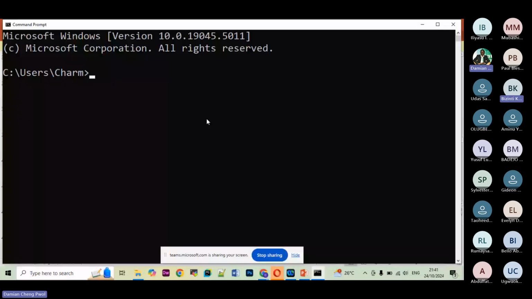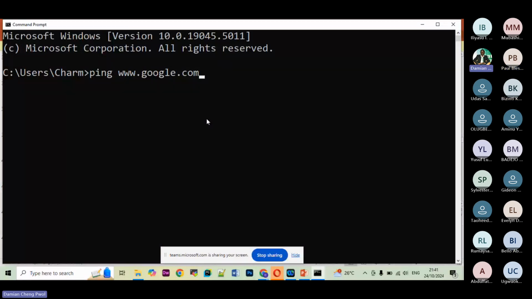So if you type CMD, let's do this command: ping www.google.com. I hope you can see what I've just typed. Can you see what I've just typed?